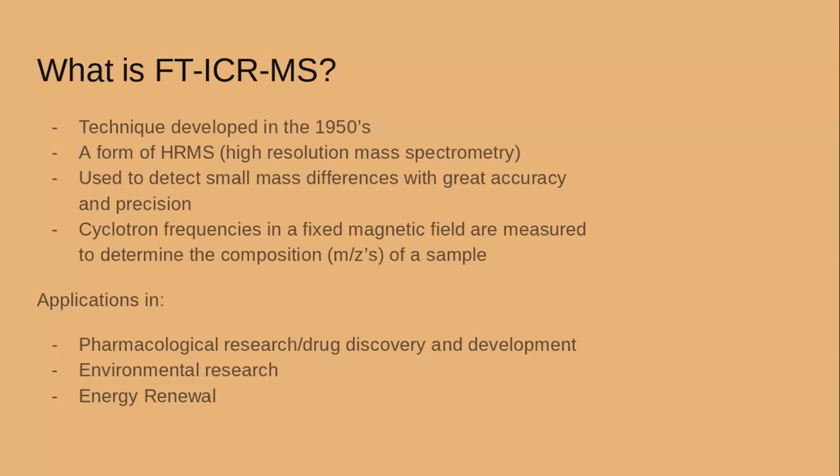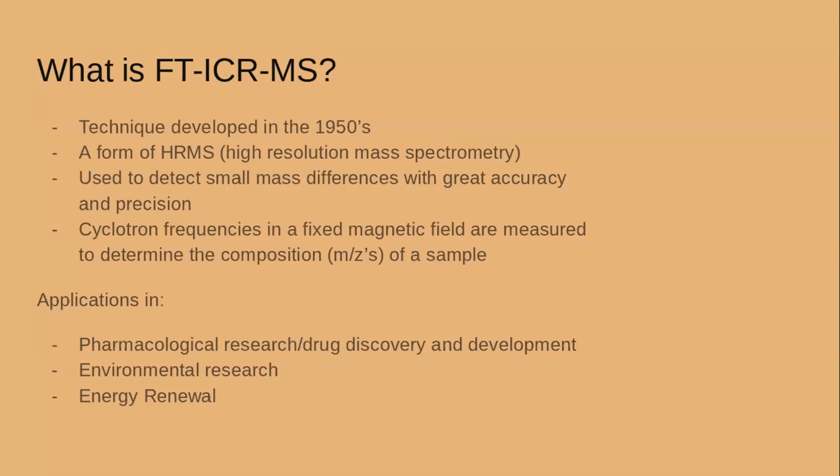It was a technique developed in the 1950s, but really wasn't regularly used for experimental purposes till the 1970s. It is a form of HRMS, or high resolution mass spectrometry. Its main purpose is to detect small mass differences with great accuracy and precision using cyclotron frequencies and a fixed magnetic field, which is measured with mass to charge ratios, with this being mass spectrometry.